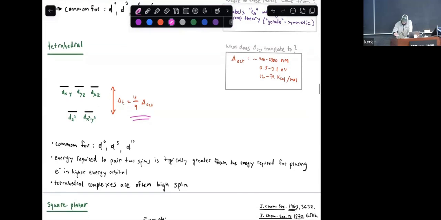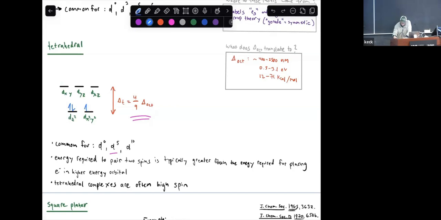And one thing we mentioned briefly is some of the d-electron counts that are commonly observed in tetrahedral complexes, and so we can just play this out. Let's consider the case of a d5 metal, and then we would fill up first using the Aufbau principle in combination with Hund's rule, and we'd find we have a choice actually.